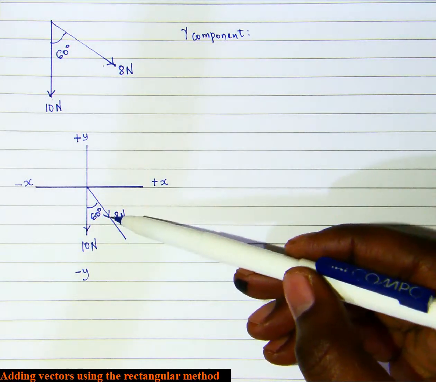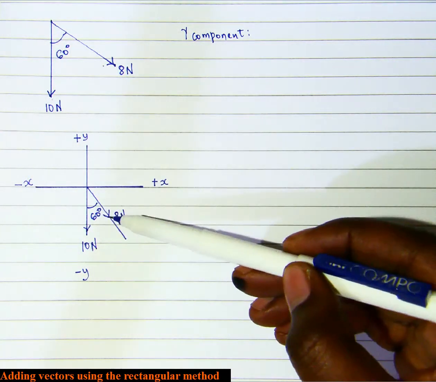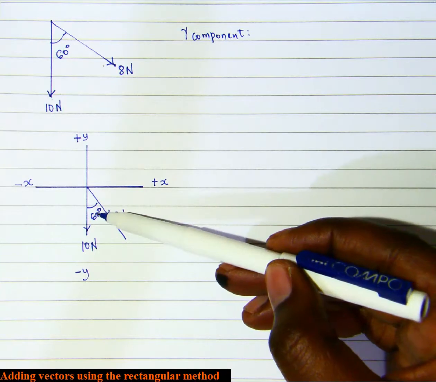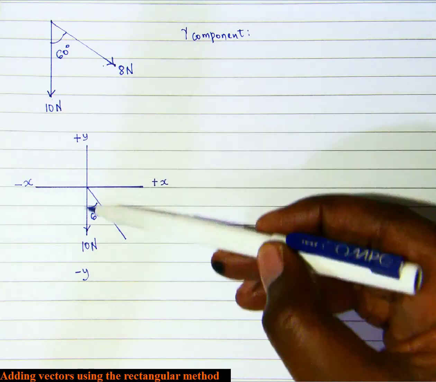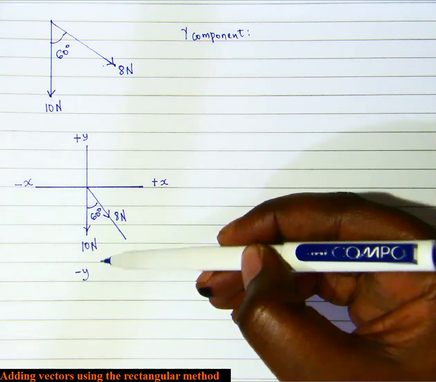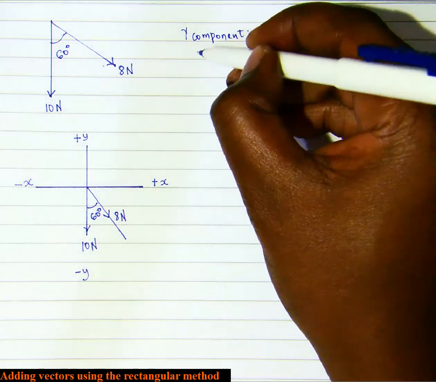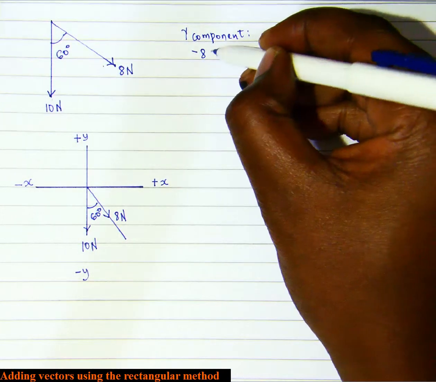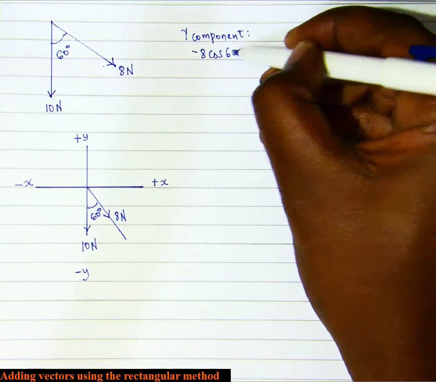for this 8 Newton force on the y component, you'd say 8 times cosine of 60 to bring it onto the y axis. Because it's on the negative side of the y, we shall say negative 8 cos of 60.